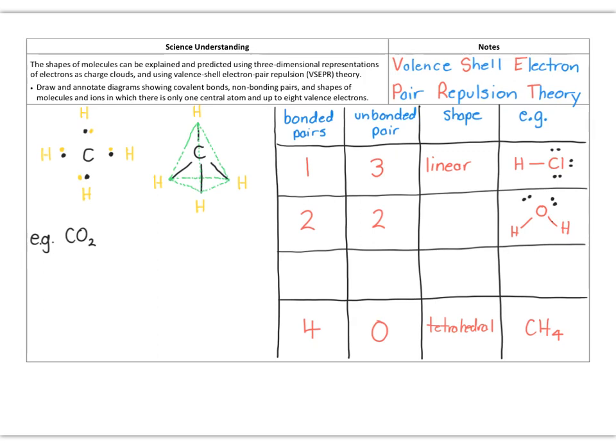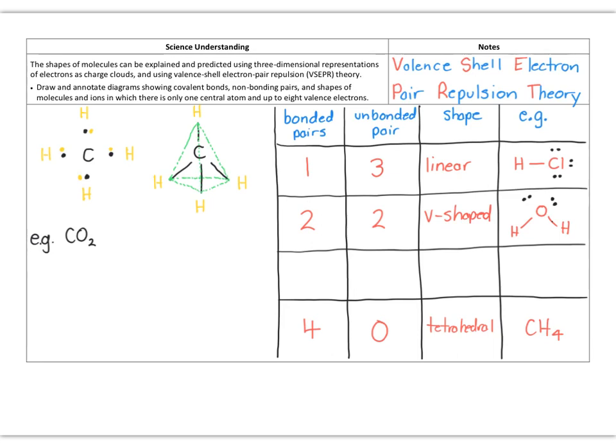So we've got these 2 bonded pairs and these 2 unbonded pairs, and there we get a V-shaped molecule. So it's a little bit like the tetrahedral with 2 of the arms, that gives V-shape, and these other 2 arms are empty. So these 2 arms give it that V-shape.